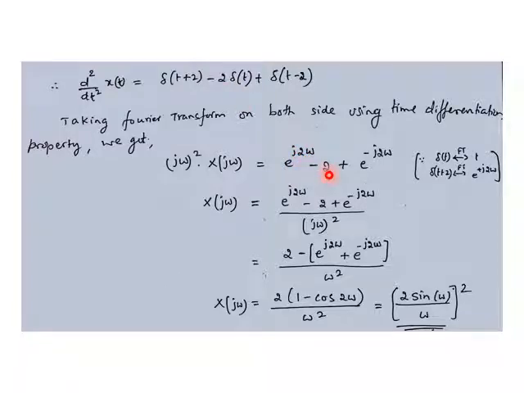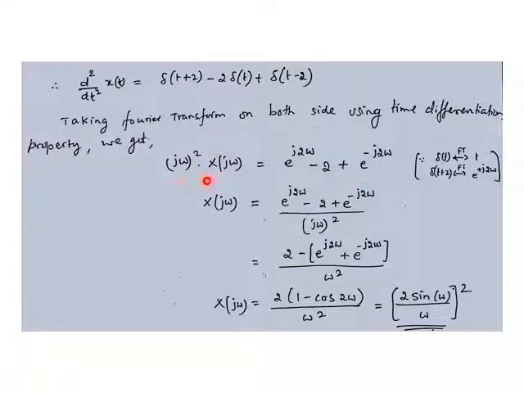For this term it is minus 2 into 1. For this term it is a shifted version, hence t equal to 2, so e to the power minus j omega t with t equal to 2 means e to the power minus j 2 omega. This is the property of the delta function. This is 1 here.